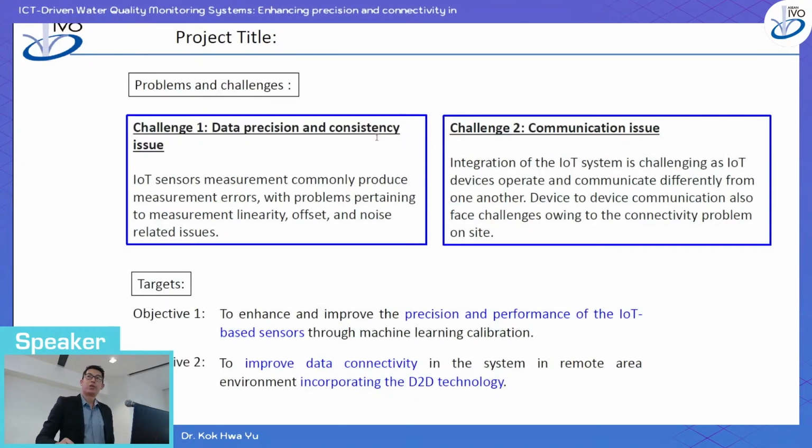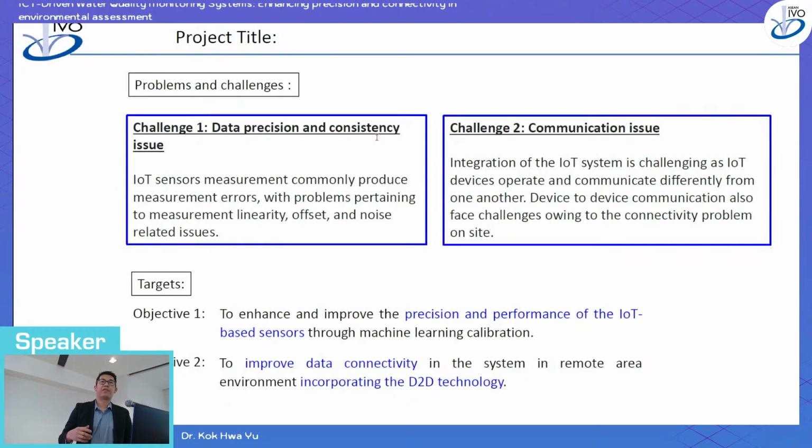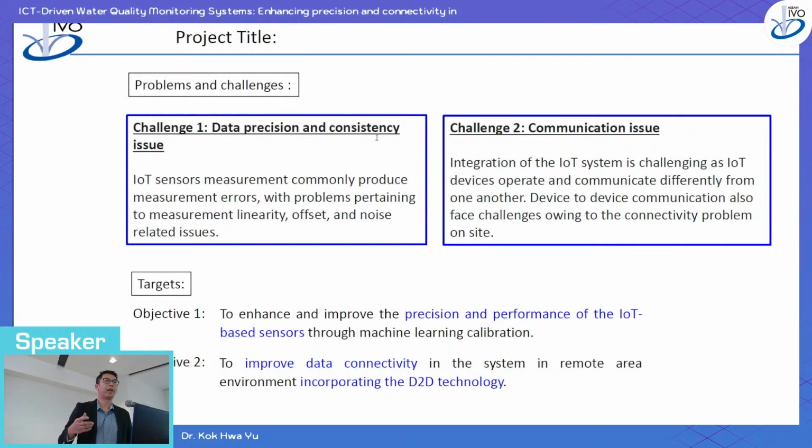So the first challenge is that, of course, we have IoT sensors, but in trying to adopt and implement them, we have issues with reliability and precision. We have tested it and compared with the commercial unit, and the result is not that good. So the first is to improve the precision and the reliability.